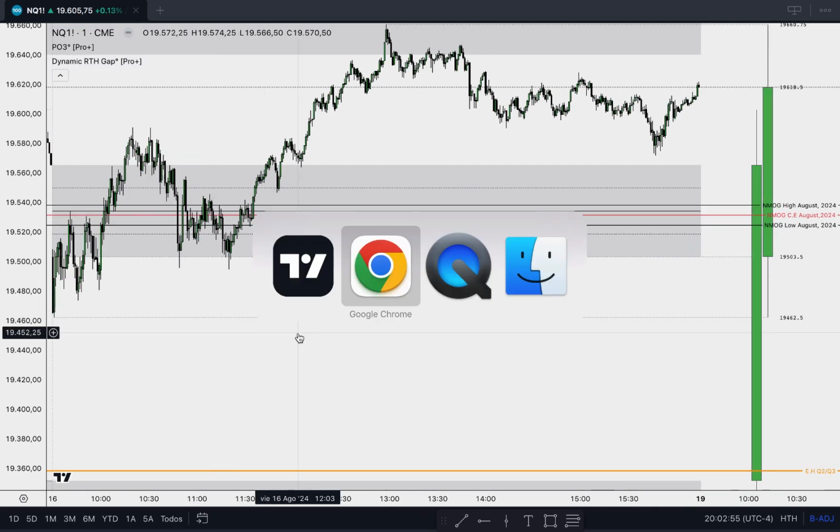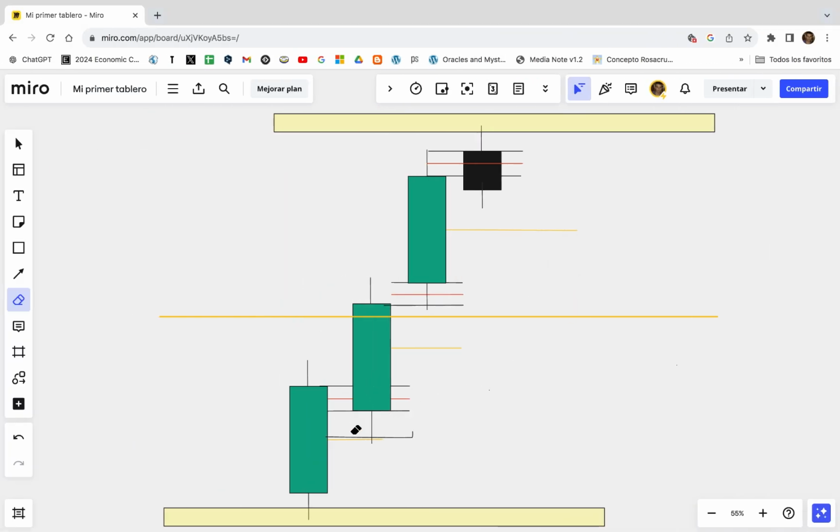Okay, the model that I'm using here is this one. If we are opening inside of this previous range, I look for a stop run or an imbalance of this previous candle range and a move to the opposite side. I'm not expecting a reversal opening inside of this candle. Why should I look from this opening for the opposite direction of this candle?